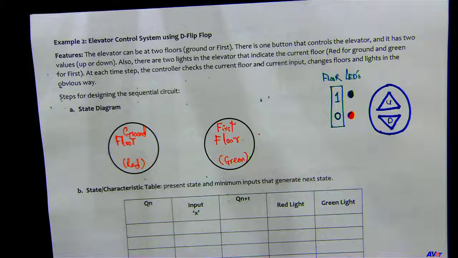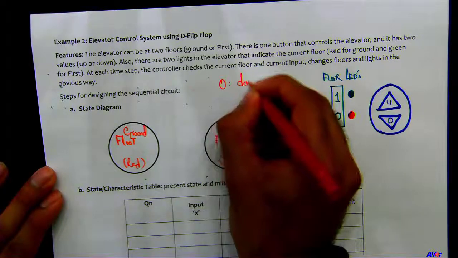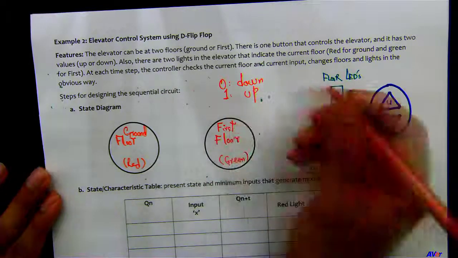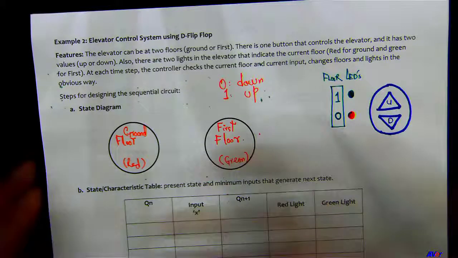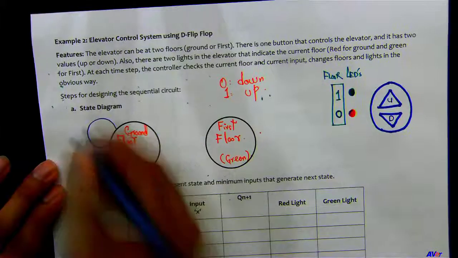So say 0 here is down and 1 is up. So you are at the ground floor and the input is 0. What should happen? It should stay where it is, correct? So this is 0.